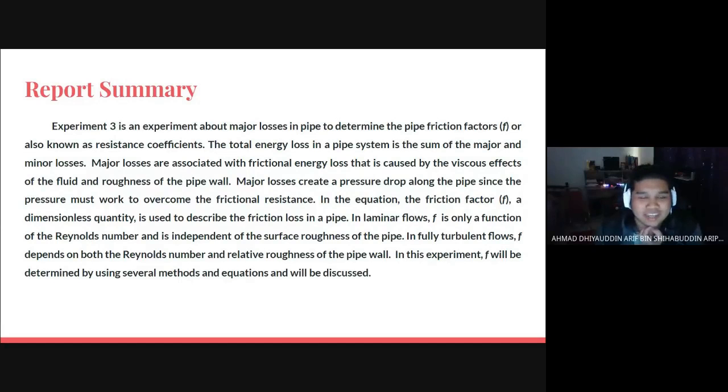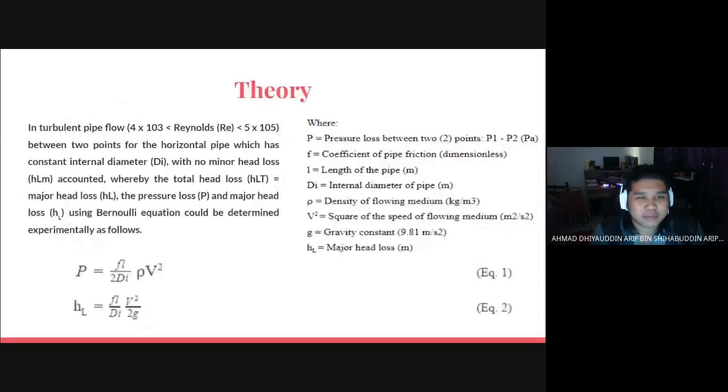Hello, I'm Leodin. I will continue with the theory part. In turbulent pipe flow, which is 4 times 10 to the power of 3 up to 5 times 10 to the power of 5, between 2 points for the horizontal pipe, which has constant internal diameter Di with no minor head loss HLM accounted, the total head loss HLT equals the major head loss HL.